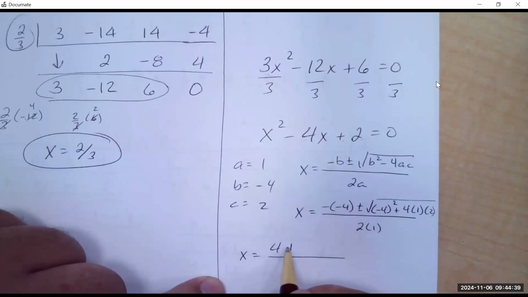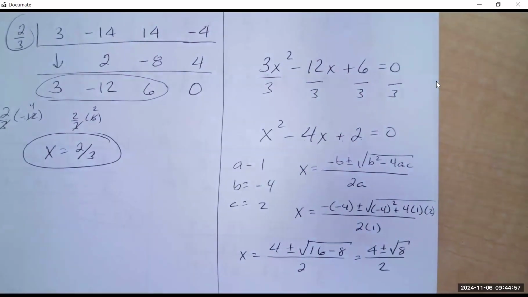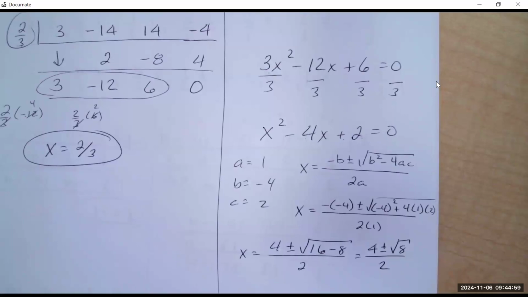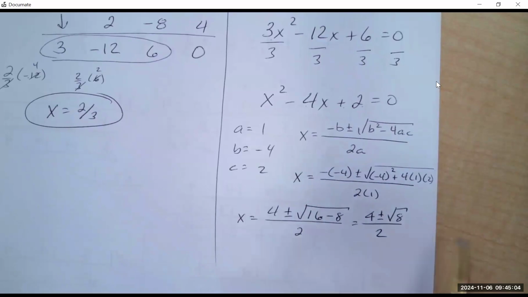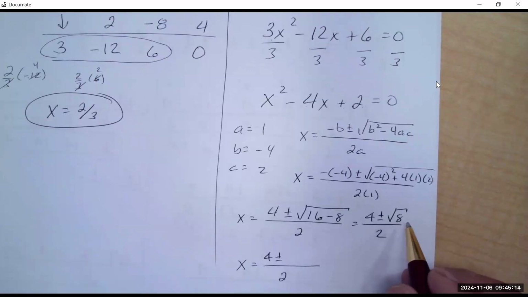So it's 4 plus or minus the square root of 16 minus 8, over 2. 4 plus or minus the square root of 8. The square root of 8 can be simplified.